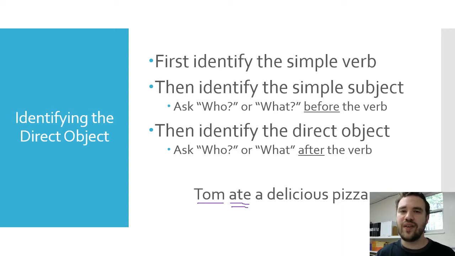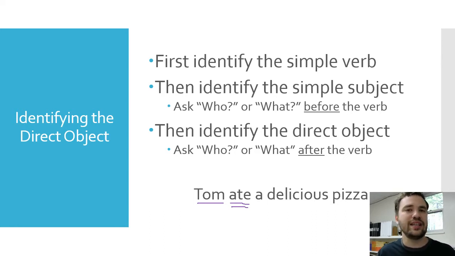Now to identify the direct object, you're going to ask who or what after the verb. So I'm going to say, Tom ate what? Now we want to identify the simple direct object. So usually one word, again, unless it's a proper noun that is composed of two words. In this case, Tom ate what?